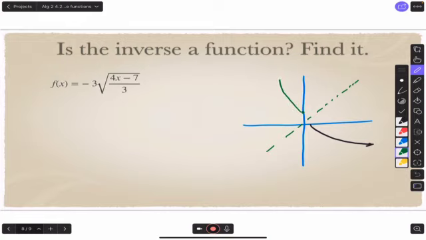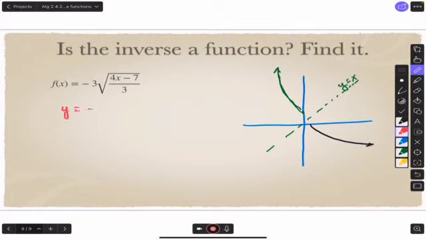He'll go something like that. There we go. And so he'd flip over and land on that black line if we folded on that dotted line, y equals x. And clearly that green function that represents the inverse is a function, and passes the vertical line test. So let's go about finding it.